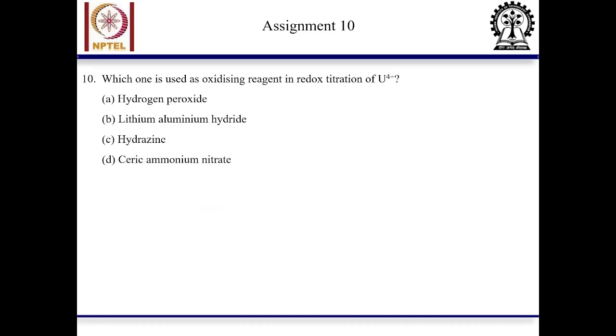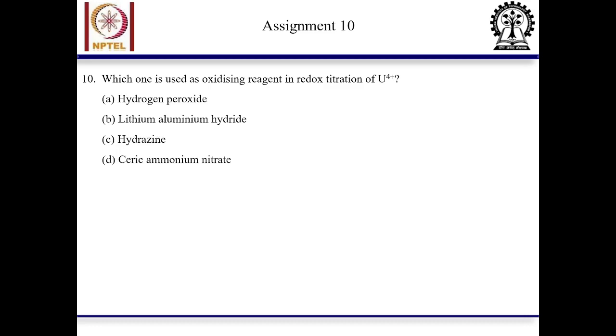Okay, next, the final question: which one is used as the oxidizing agent in the redox titration of uranium 4 plus? Can anyone just write?